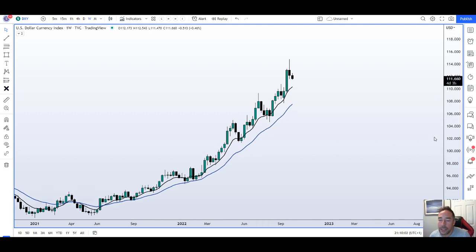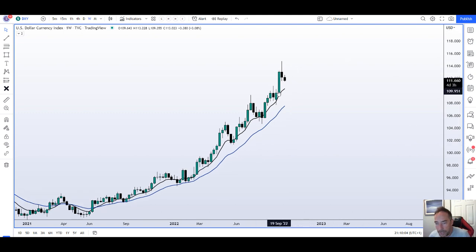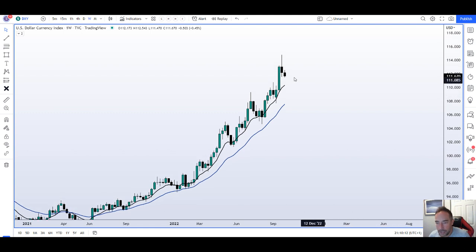So as you can see, we've had two nice bullish weekly candles there. Last week's was a bearish candle, and today's candle, today's and a few hours of Sunday, bearish. So what I am anticipating is price to pull back a little bit further on the dollar index towards this 8 moving average, maybe even towards 110.